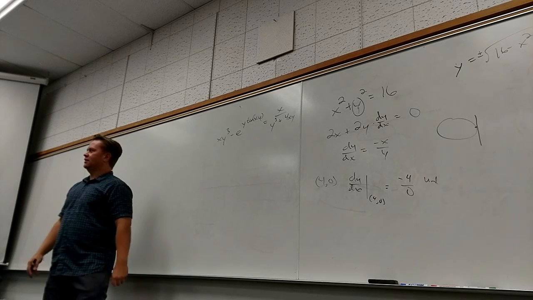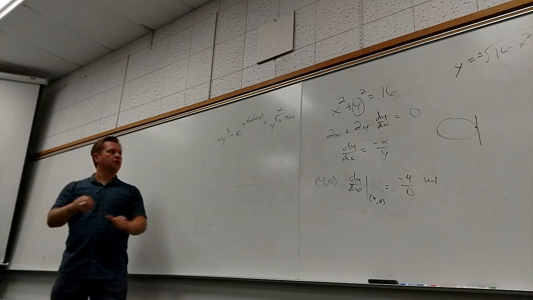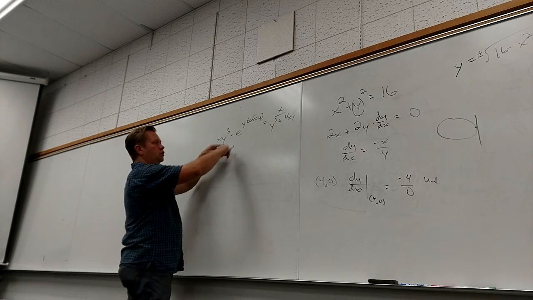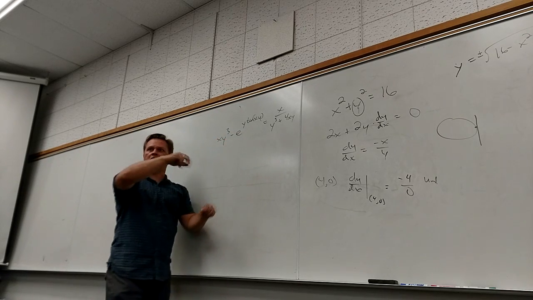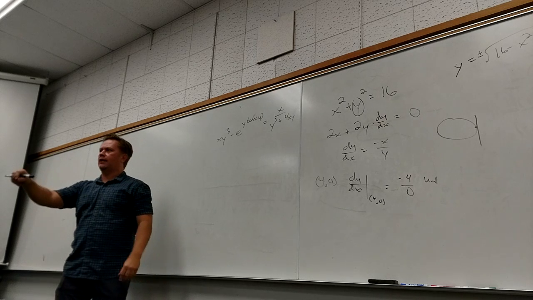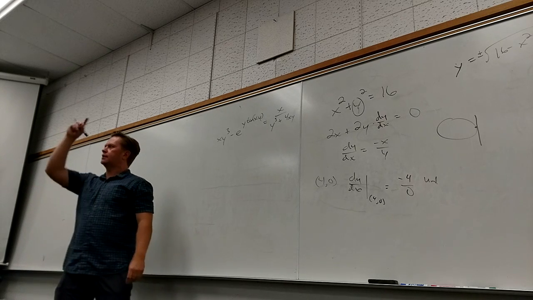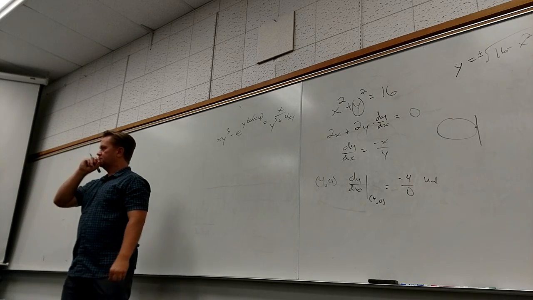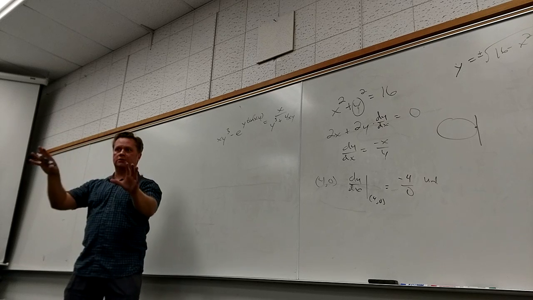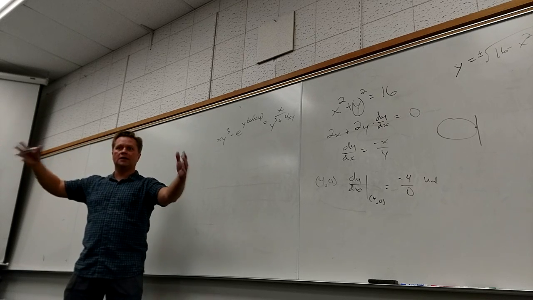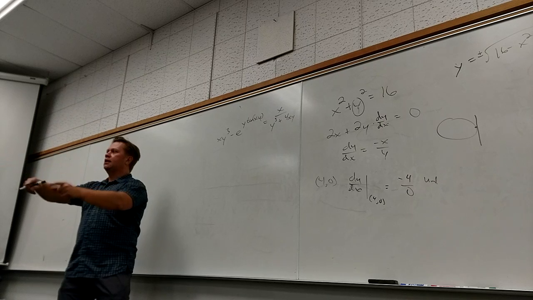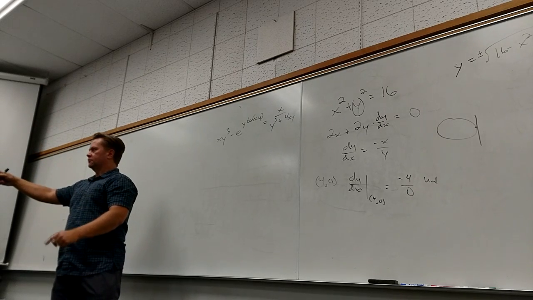Now this is disgusting, but you could take each thing, you could take its derivative. Every time you take a derivative with a y in it, you better put dy dx. That's the chain rule piece. Then you solve for dy dx. You can always solve for dy dx. Get all your dy dx stuff on one side, factor dy dx out.